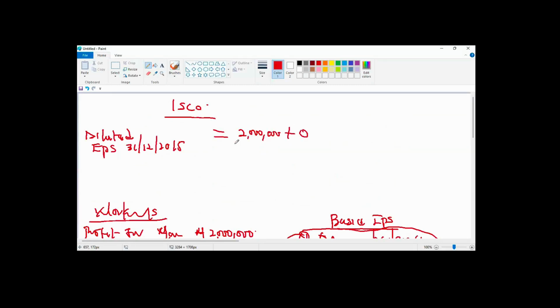Why? Share options do not increase earnings. They do not bring anything in. But they increase the number of shares. 4 million plus what is the option? 400 times 100.